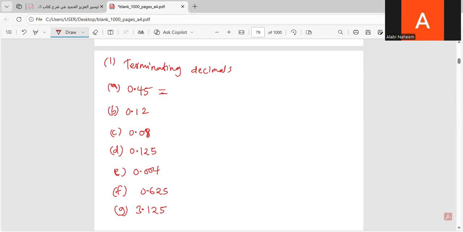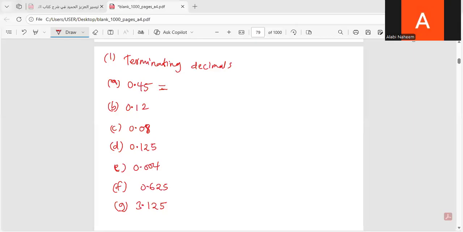You can remember when we discussed how to divide decimals by decimals.